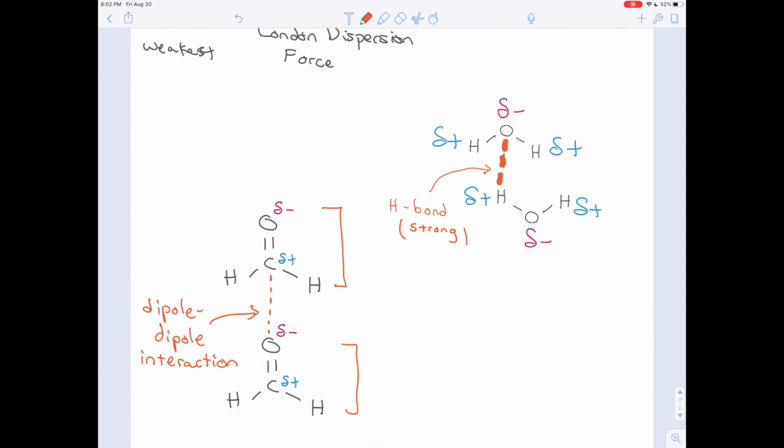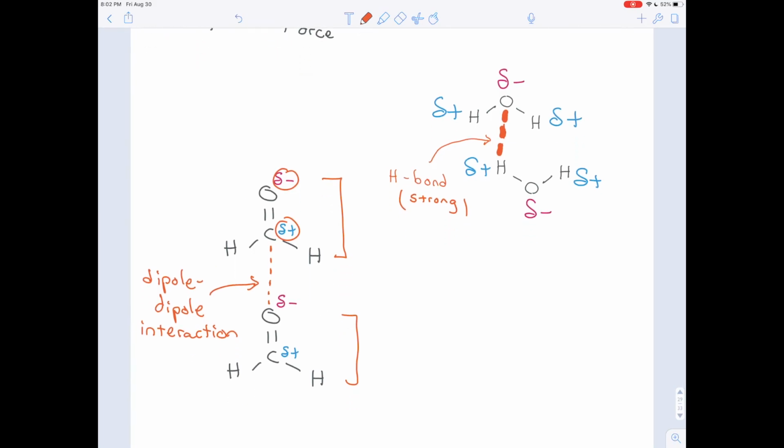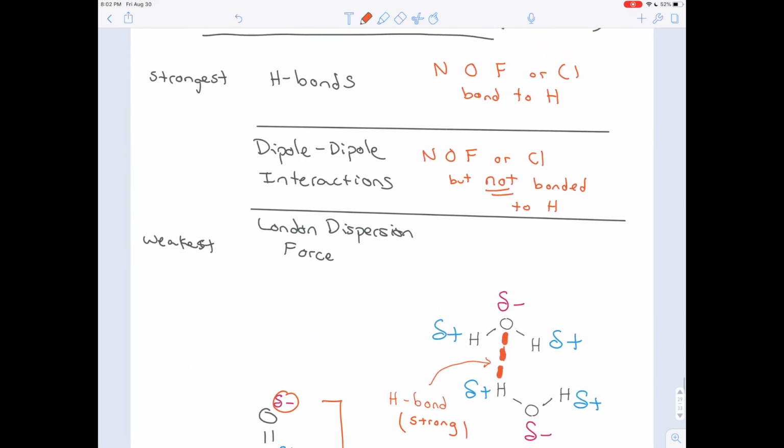So it's bonded to something else. So notice here, it's bonded to carbon. You do have an oxygen, but it's not bonded to hydrogen, it's bonded to carbon. And that gives rise to these smaller dipoles that are harder to reach, and so don't create as strong of a stickiness between molecules. So dipole-dipole interactions.